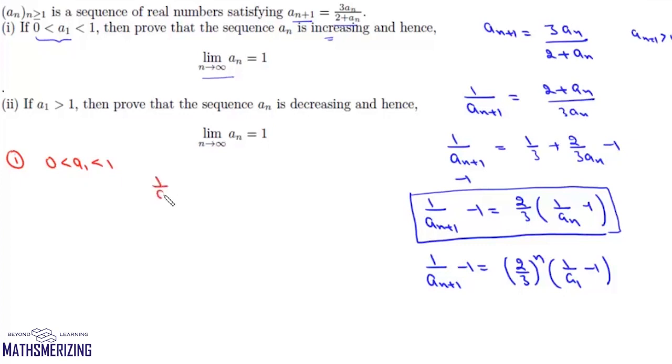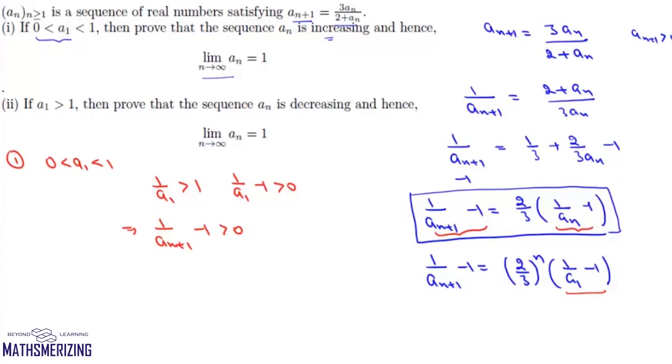Then 1 upon a1 will be greater than 1, so 1 upon a1 minus 1 will be greater than 0. If 1 upon a1 minus 1 is greater than 0, then from here we can say 1 upon a(n+1) minus 1 will also be greater than 0. So this expression will be positive and this expression also will be positive.